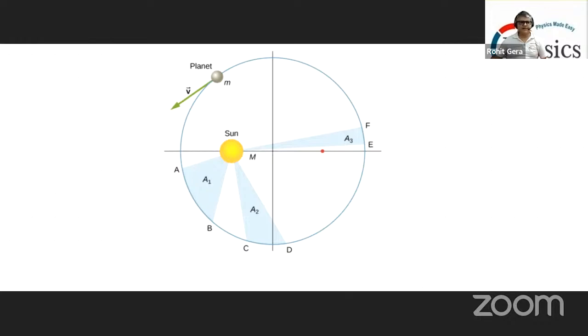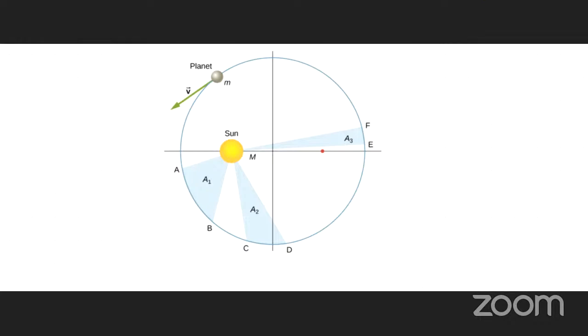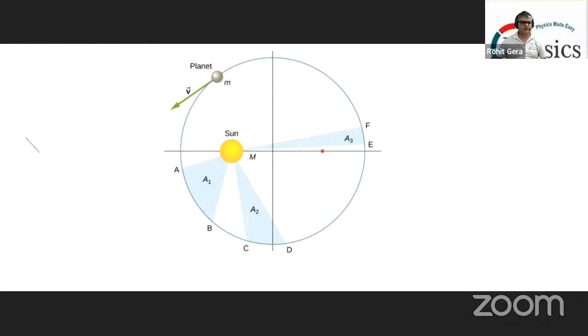And by the way, the planet has an angular momentum MVR exactly because theta here is always 90 degrees. This is the position vector of the body.